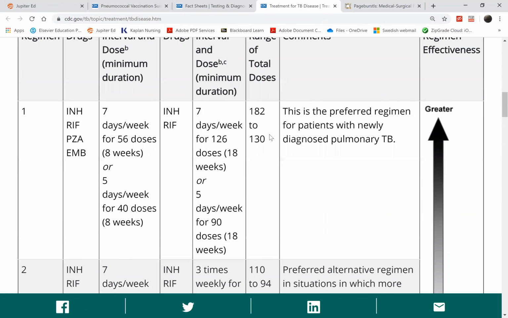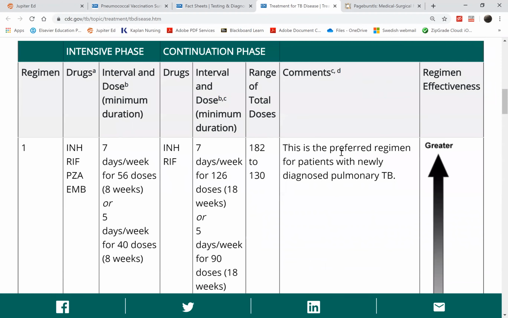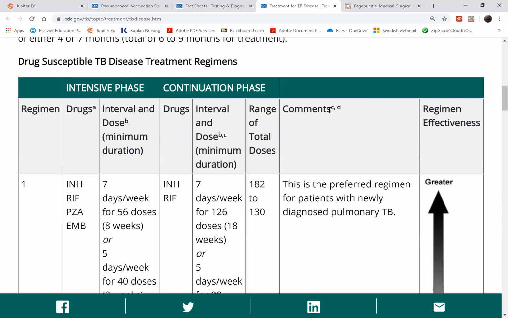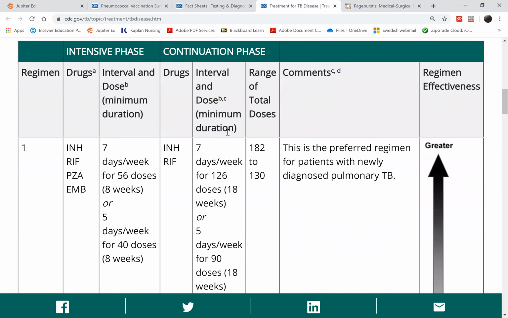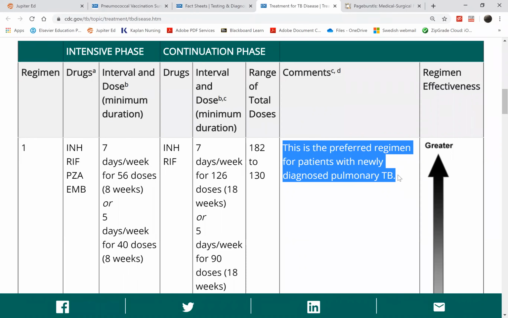This is also mentioned in your textbook, but in the paragraph, it's not very clear, so I prefer to explain it using this table right here. So again, regimen 1, who gets regimen 1? Thank you for reading, Miss Dulligan. This is the preferred regimen for patients with newly diagnosed pulmonary TB, which is our most common patients.